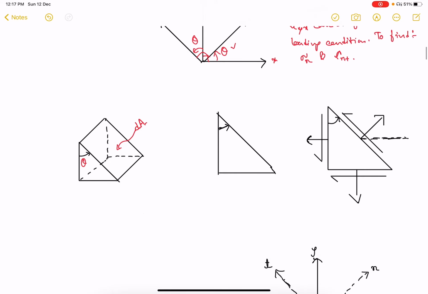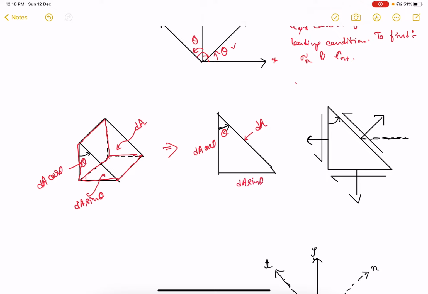So this area will be dA cos theta, and this area will be dA sin theta. If we draw this in 2D, if this is dA, here it is per unit length, then it will be dA cos theta, and this will be dA sin theta.